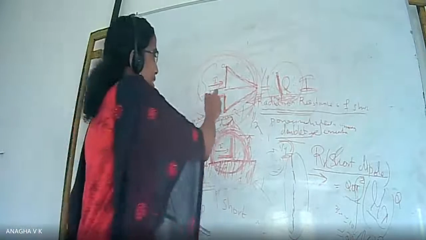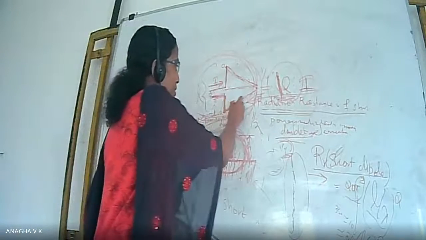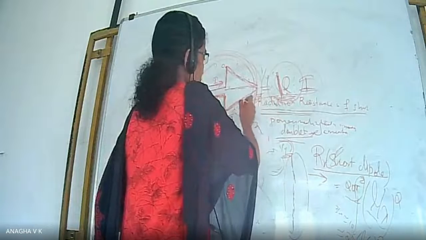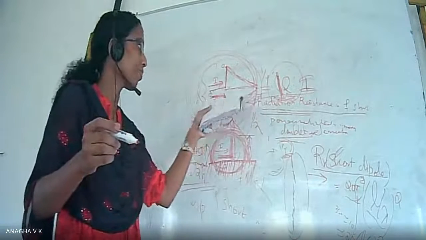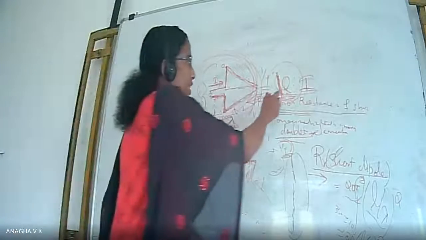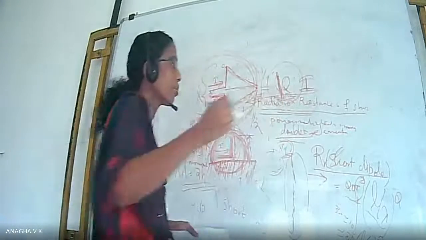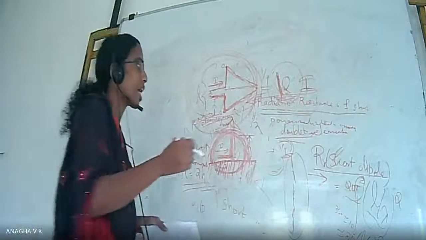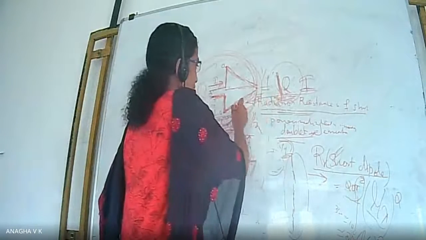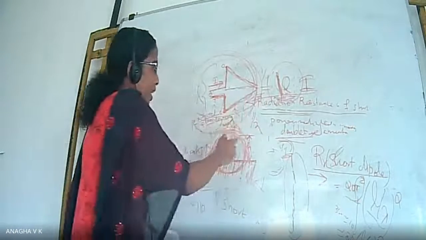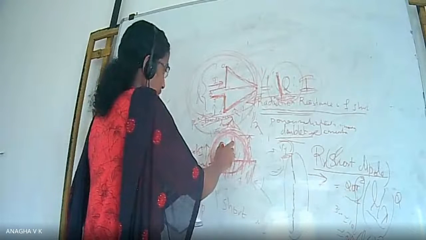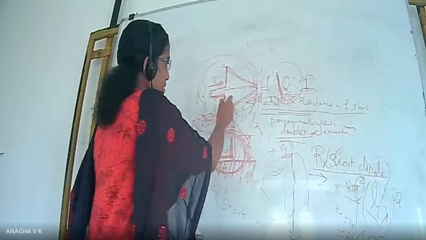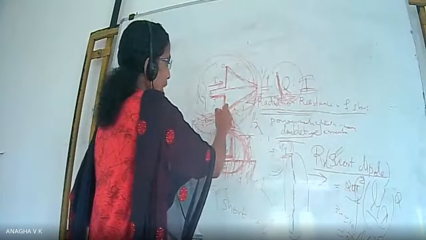So the radiated power was half of the current carrying element in the case of a dipole. In the case of a monopole, the radiated power is half of the dipole.